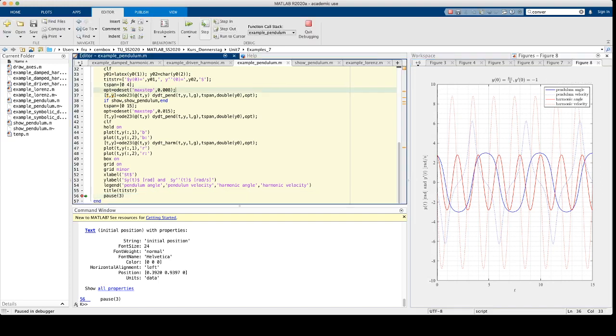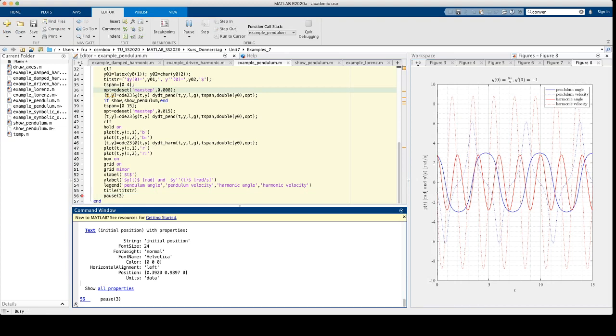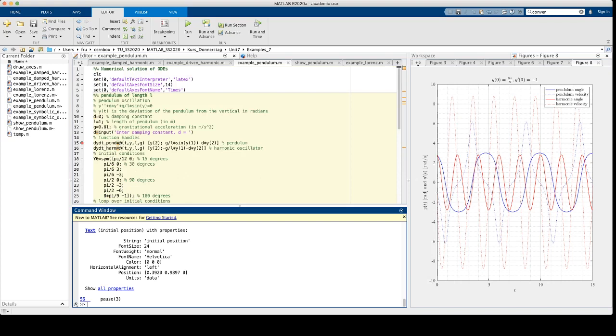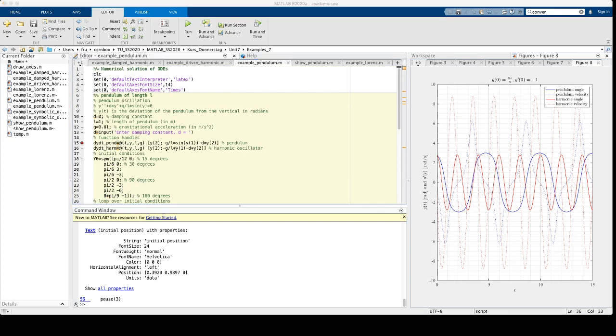Okay, this terminates the script. We can now try the same with a non-zero damping. So let's restart the script and set D to a value which is larger than 0.